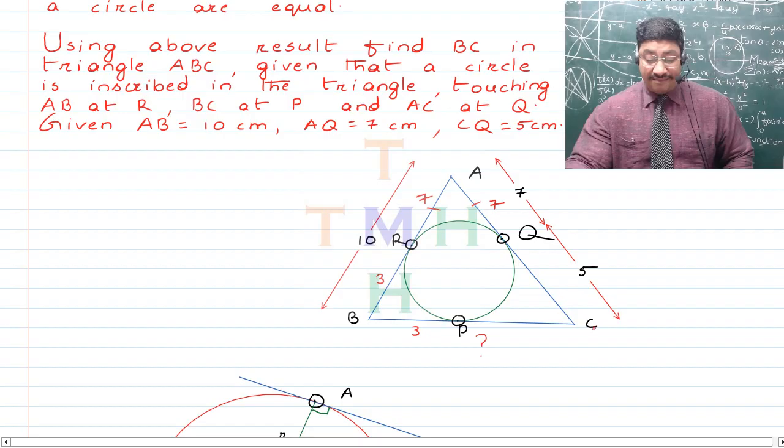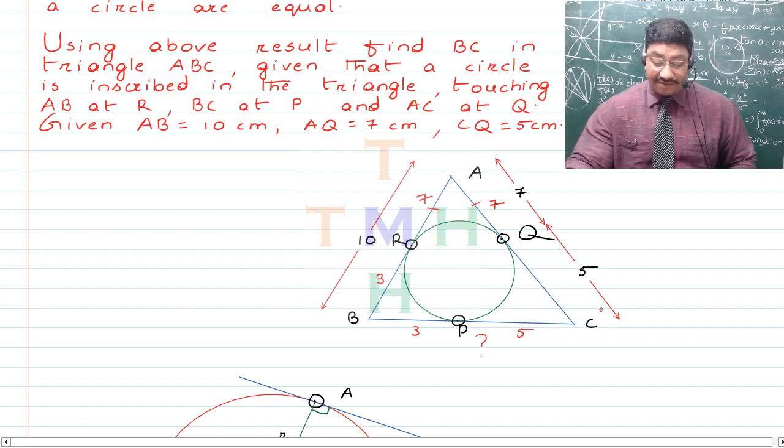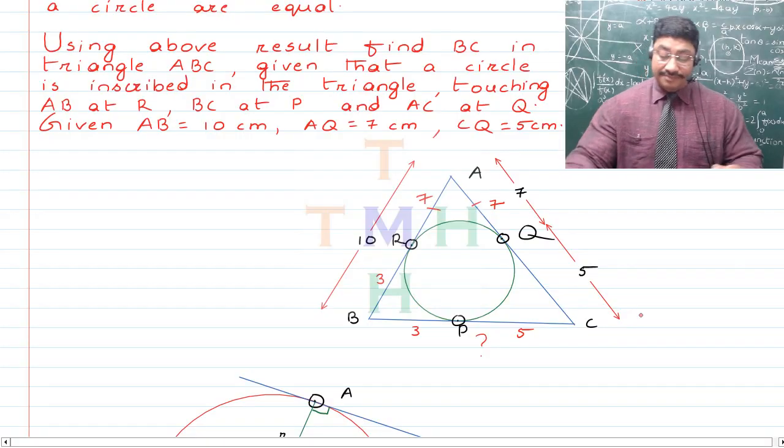Here we have the information that CQ is equal to 5. C being an external point, the lengths of the tangents drawn from C to Q or to P are both equal. As such, this length is going to be 5, and thus the sum of both of these lengths is equal to 8, which is your final answer, that is the length of BC.